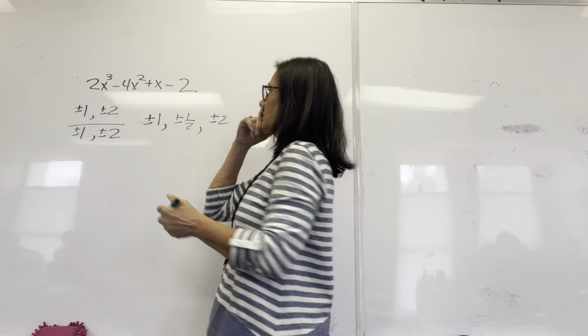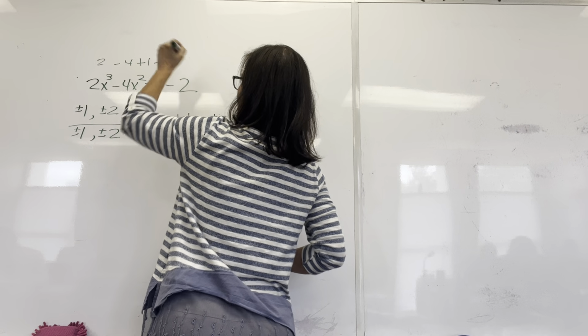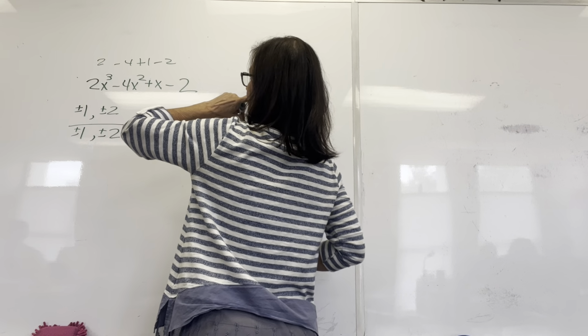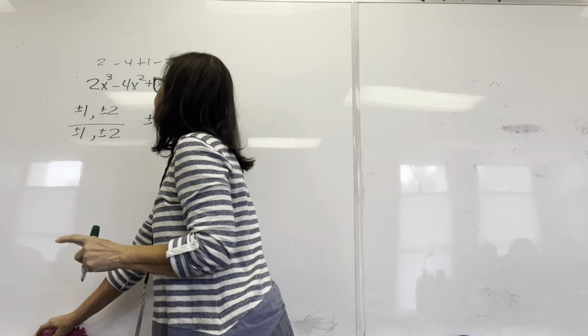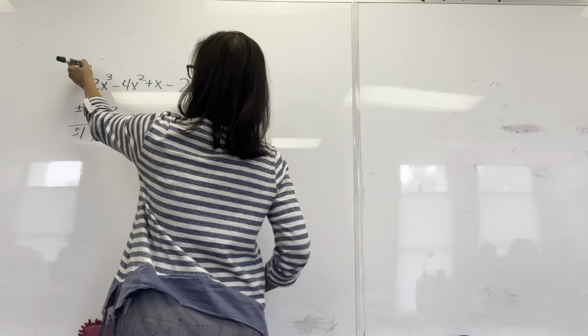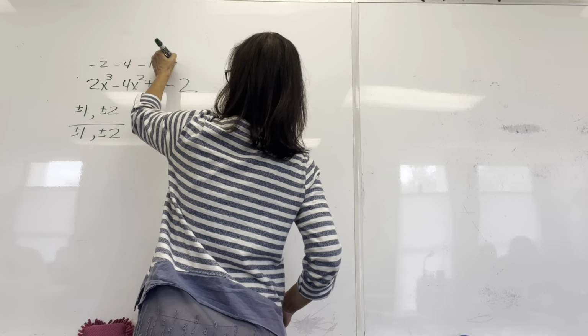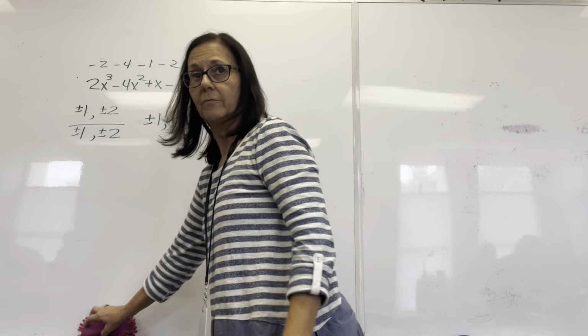That's going to be 2 minus 4 plus 1 minus 2. That doesn't work. All right, let's do negative 1. Negative 1 makes that negative 2 minus 4 minus 1 minus 2. Okay, negative 1 doesn't work.